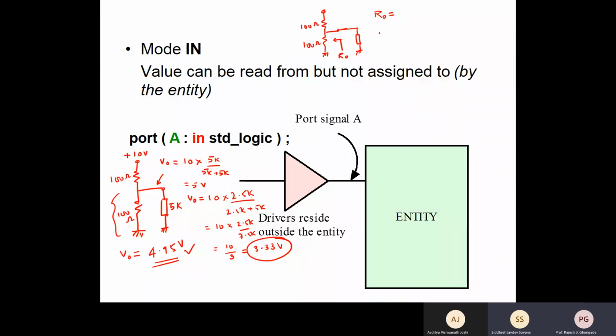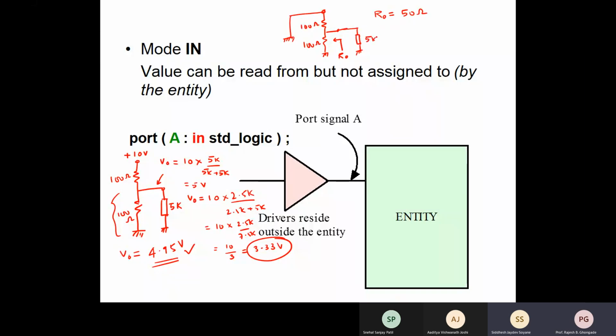Come on. What is the output impedance? 50 ohms. That is absolutely correct. How do you get that? Both are in series. You simply have to remove this, grounded, and grounded. Both come in parallel. So now you get 50 ohms.